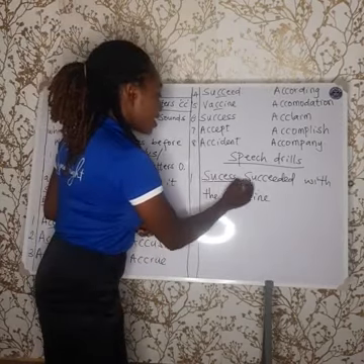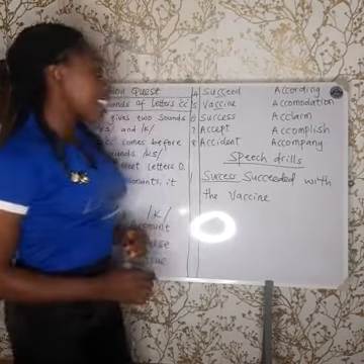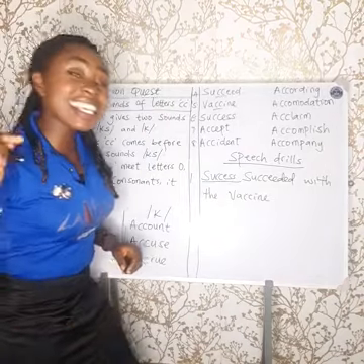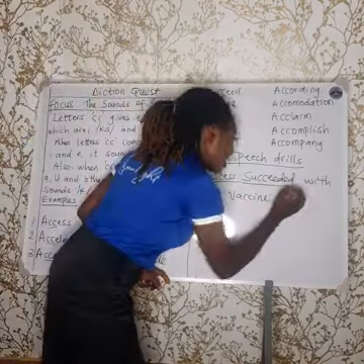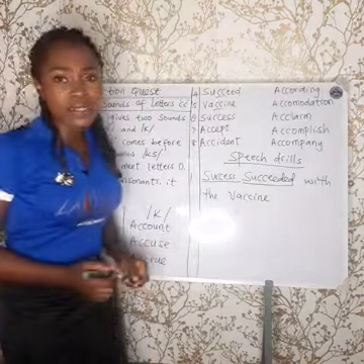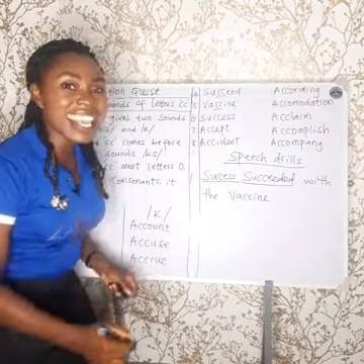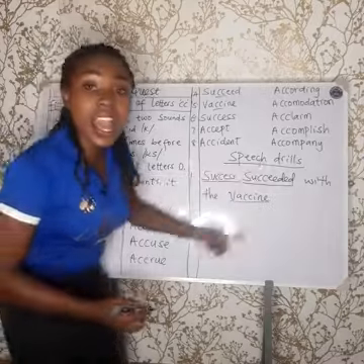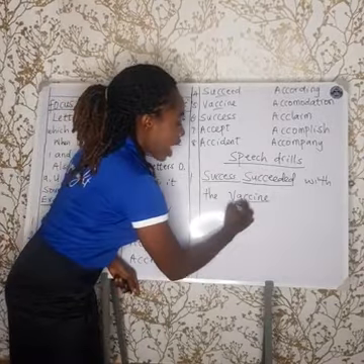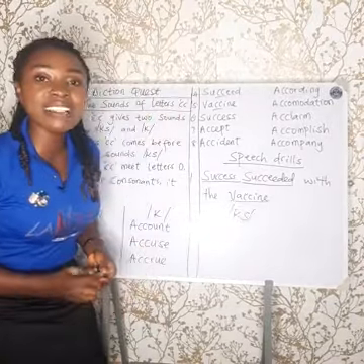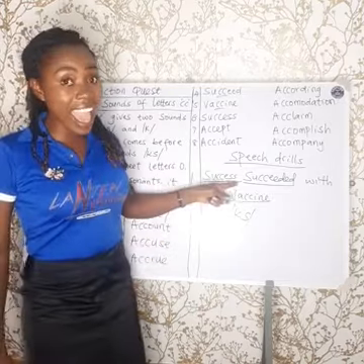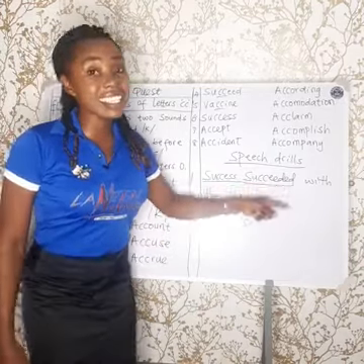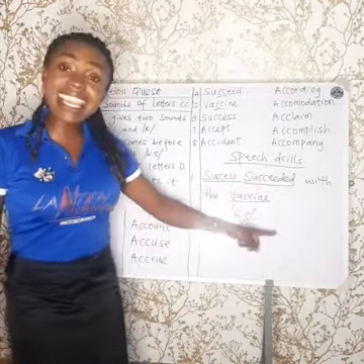Yes, we have success. The second is what? Succeeded. Yes, succeeded. And the third is what? Vaccine. Very good. Now, these three words give us the sound X. Now, let's read. Success succeeded with the vaccine.